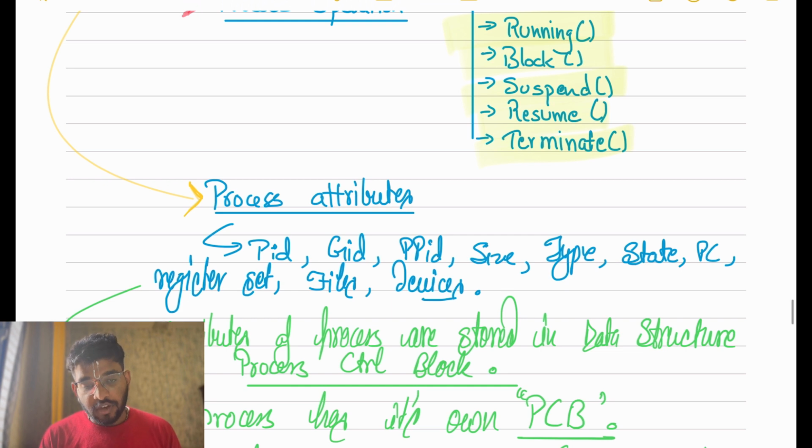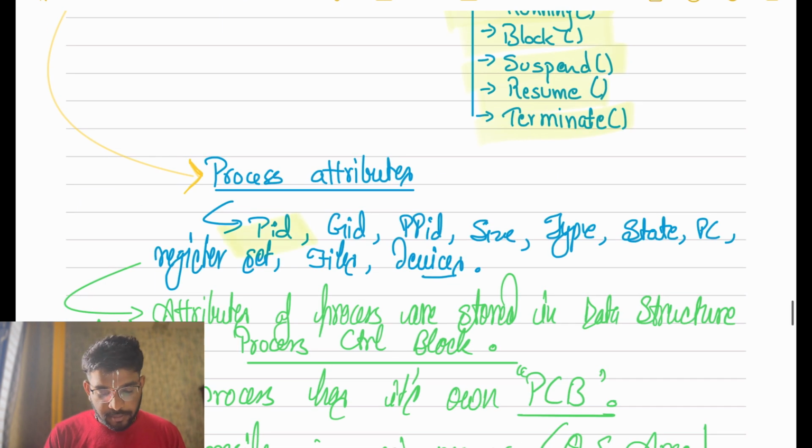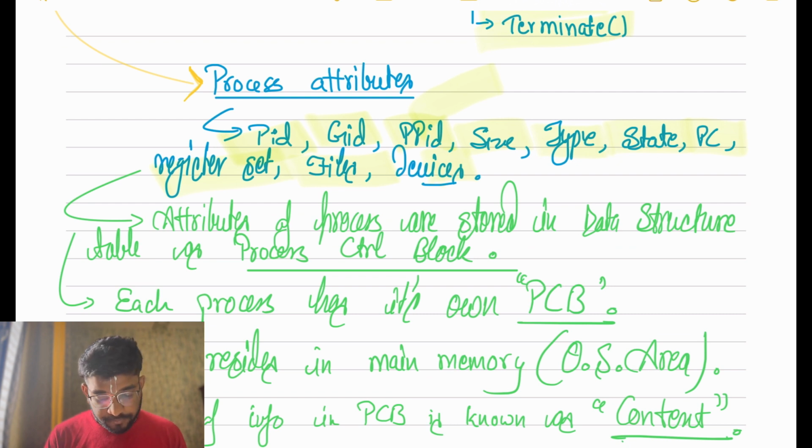Process attributes contain process ID, group ID, parent ID, size, type, state, program counter, register set, files, devices, and many more. Attributes of a process are stored in a data structure table known as the process control block.